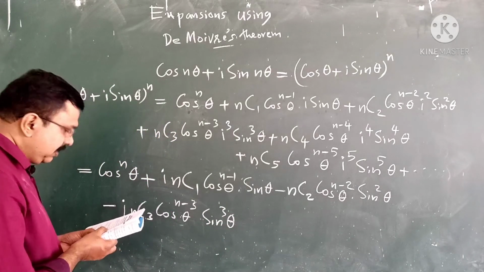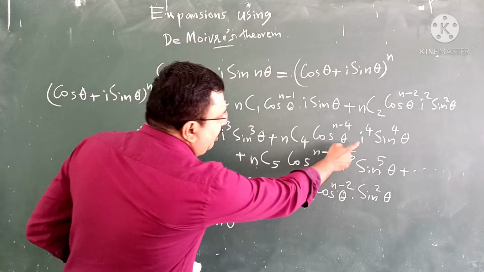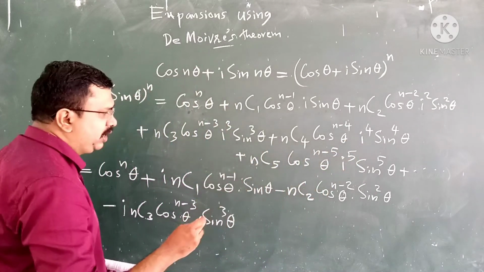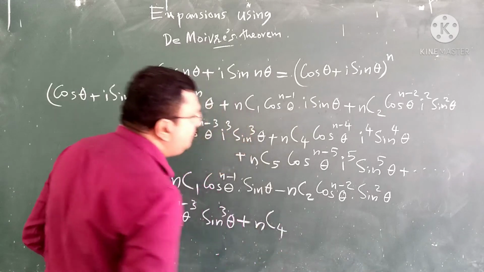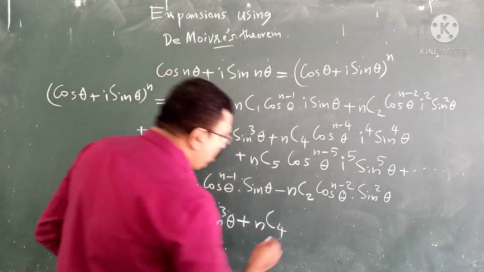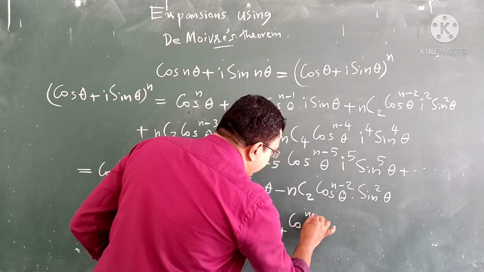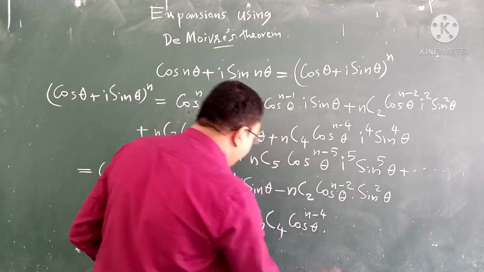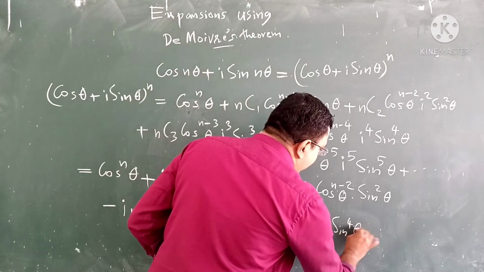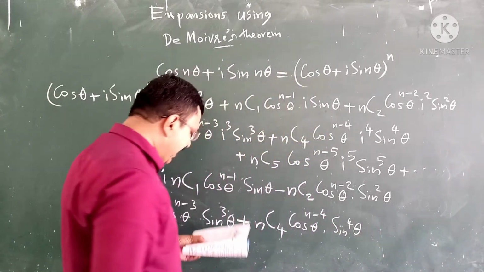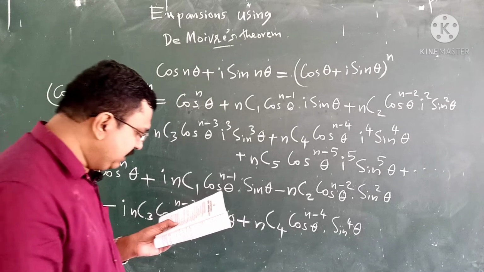Next is I raised to 4. What is I raised to 4? It is plus 1. Therefore, plus nC4 into cos raised to n minus 4 theta into sin raised to 4 theta. Next, I raised to 5. What is I raised to 5?